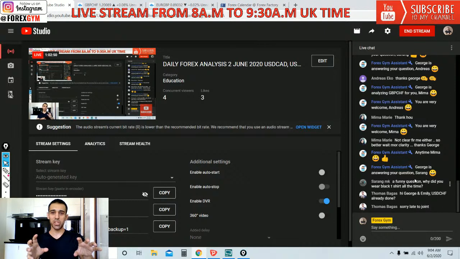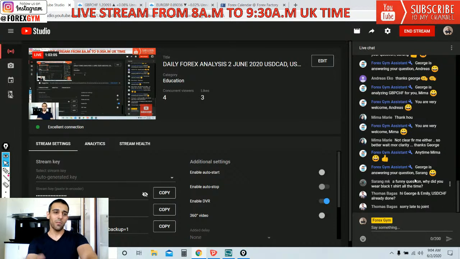I don't think I have a red shirt, so I probably want to purchase more red shirts, or switch between black and red. But I do like the color, and it goes with me and with the branding. If you see the Forex Gym logo, it's black and red, or red and black, I can't remember which it says. So that's the reason why I always wear black shirts.